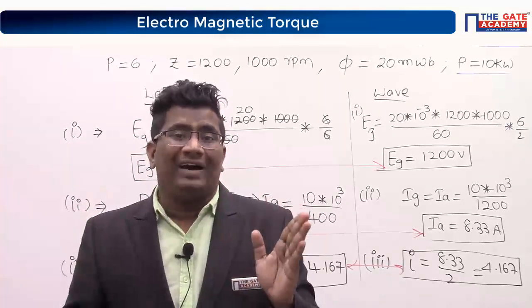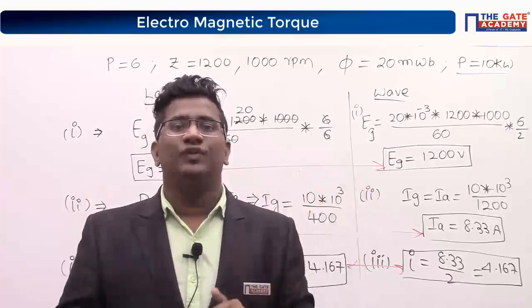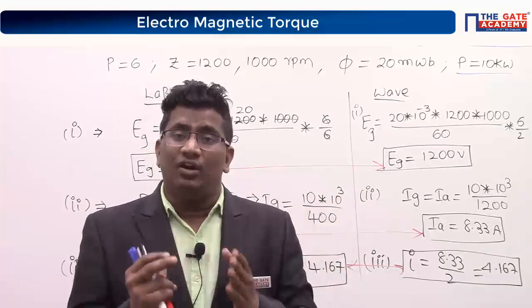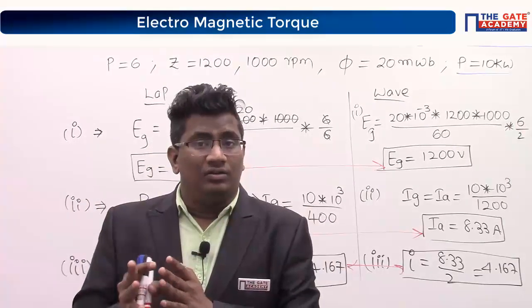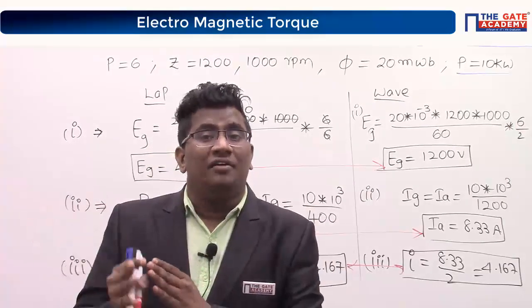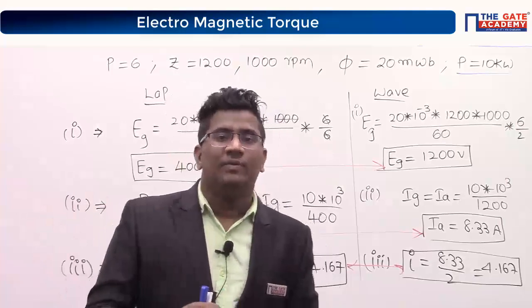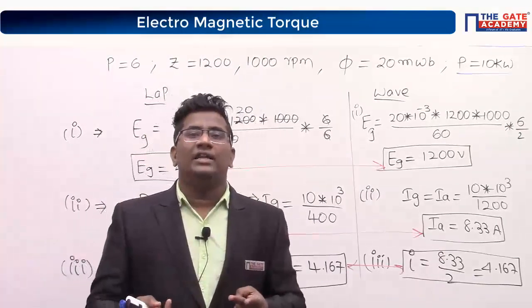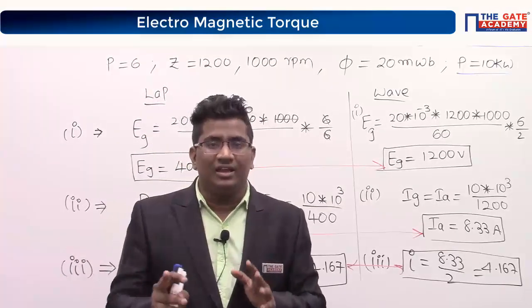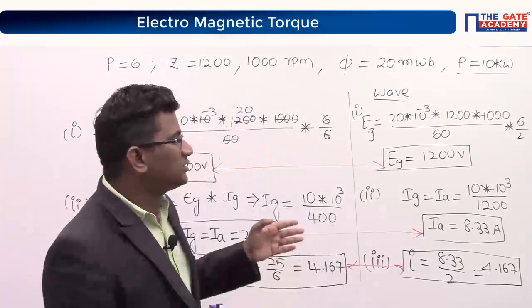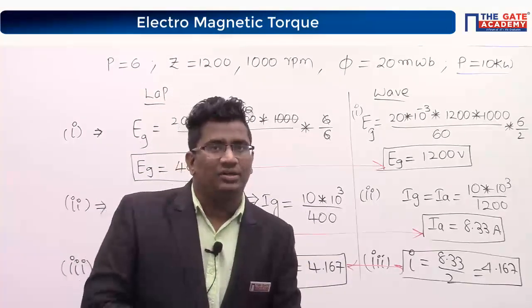If the load requires high current, then I will go for lap connection. If the load requires high voltage, then I will go for wave connection. I hope this is clear. Why we have two types of winding connections and what is the purpose of the two winding connections. Is this clear, everybody? If you have understood this, then we will move on to the next topic.